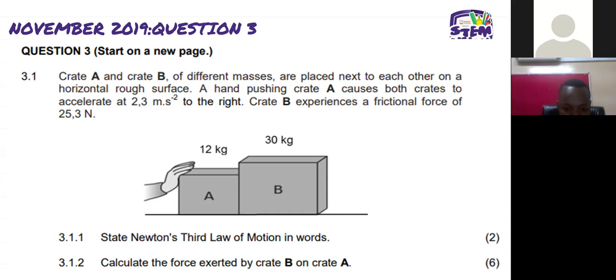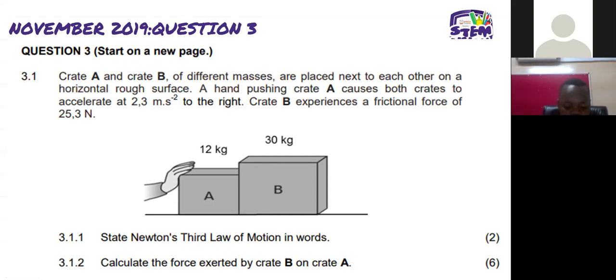So here we have two crates, and one is called A, and the other one is called B. Now, they have different masses, we can see that, and A has a smaller mass, and B has a larger mass of 30 kilograms. And they are in contact with each other.